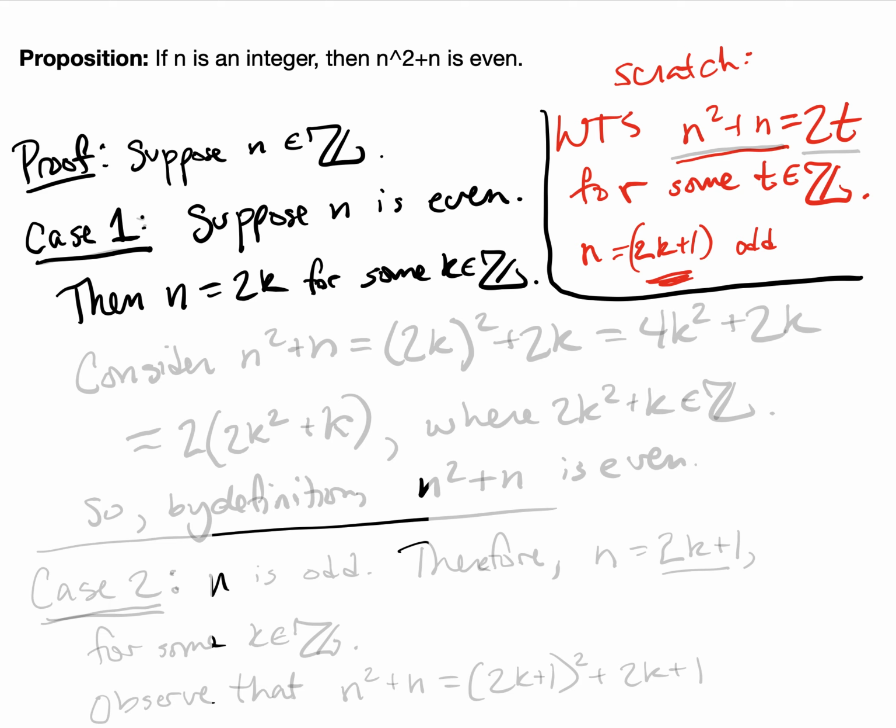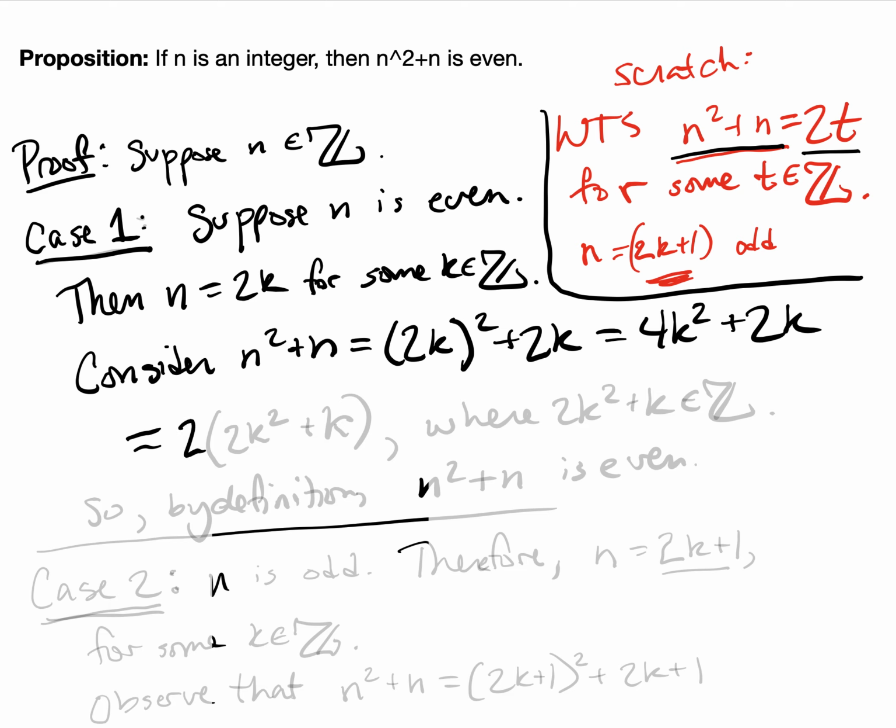And so now we can consider n squared plus n, which in this case would be equal to 2k squared plus 2k, which is equal to 4k squared plus 2k. And we are trying to show that n squared plus n, the expression we're looking at right now, is equal to 2 times some integer. So we want to factor out a 2 from that.